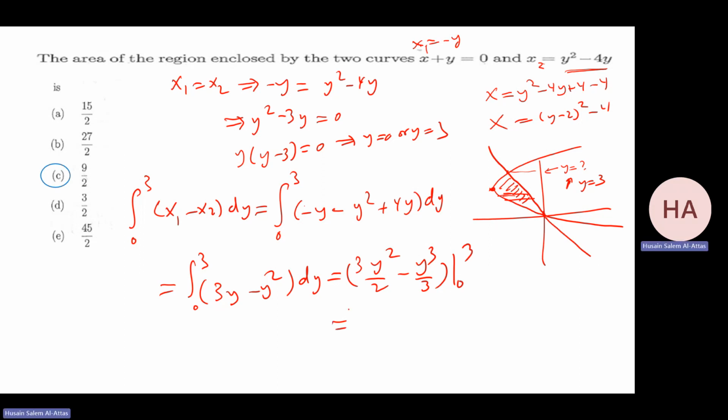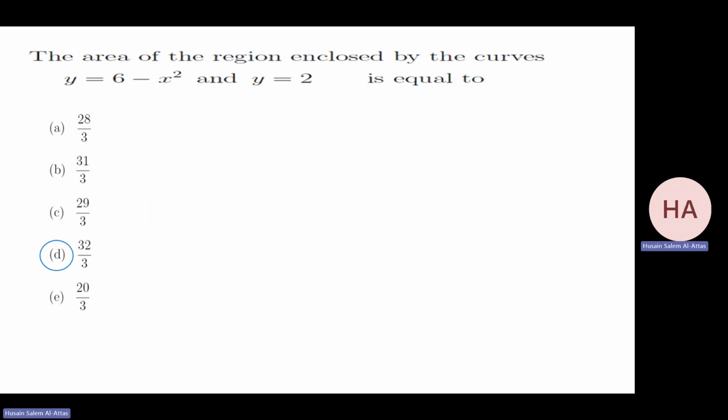That will be 27 over 2 minus 27 over 3, minus 9. That will be 27 minus 18 over 2, which is 9 over 2, which is this. Okay. They're not difficult, but always you need to think about the graph of the function.